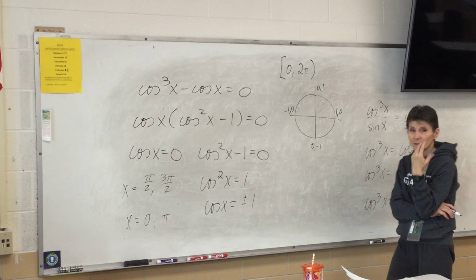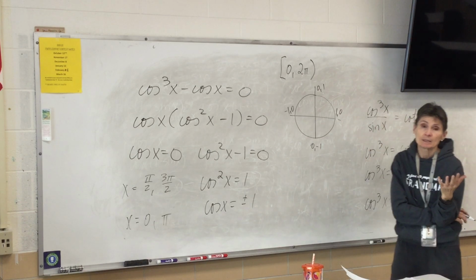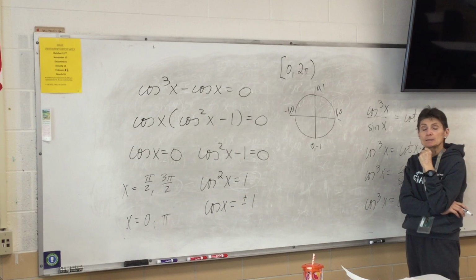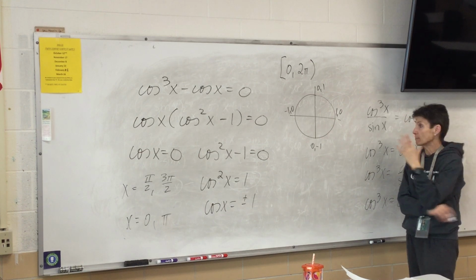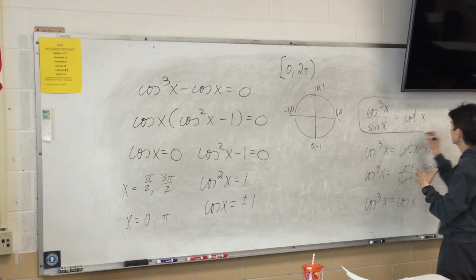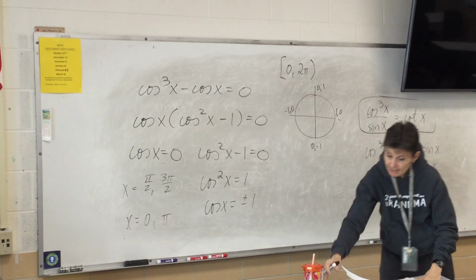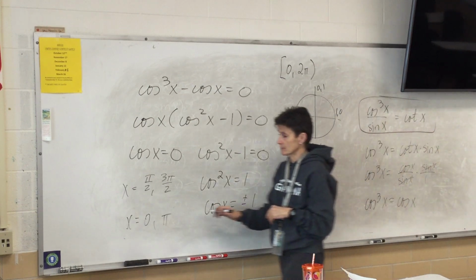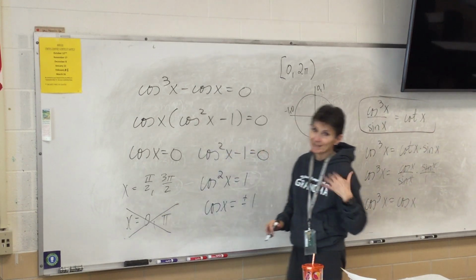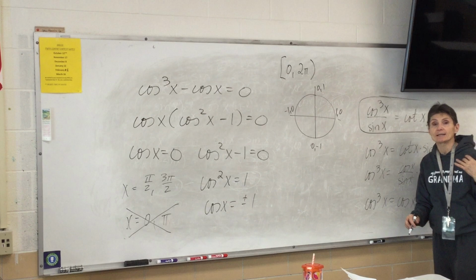Now, we're not done, because remember, this is the equation that we're solving, right? That was the original. And we cannot include these two answers. I wish you were here so I could hear your thoughts on that.